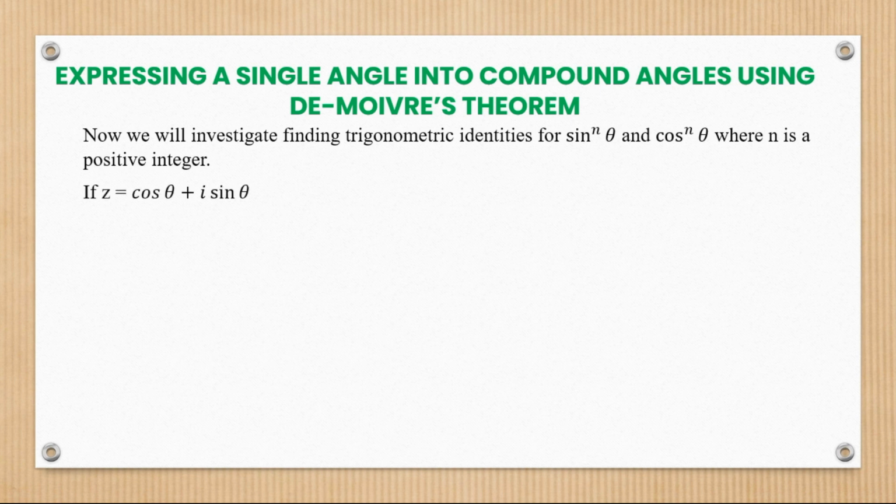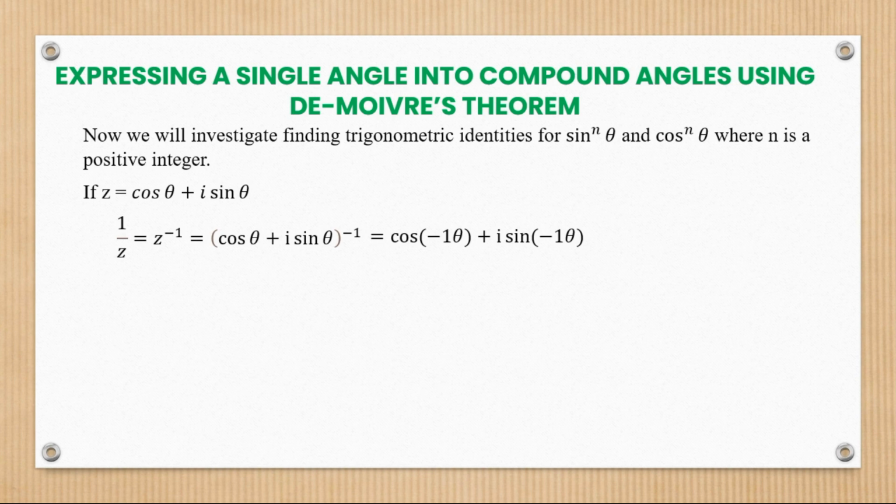Now if z is equal to cos theta + i sin theta, then 1 over z is the same as z to the power negative 1. So it can be expressed that way, which means the value on the right hand side will also be equal to (cos theta + i sin theta) to the power negative 1.